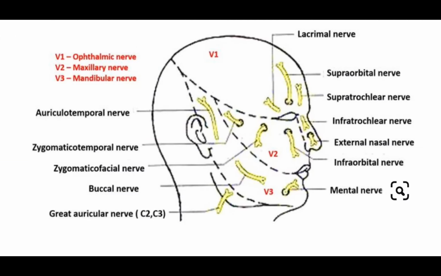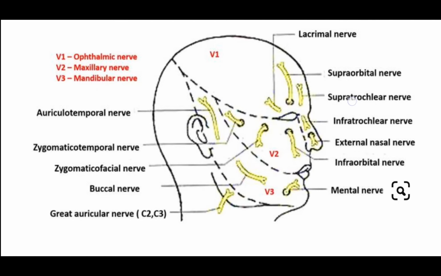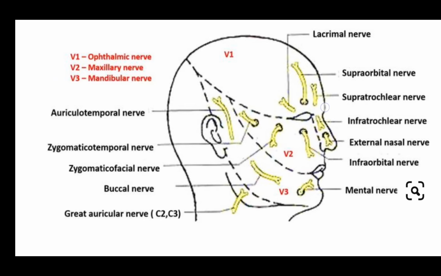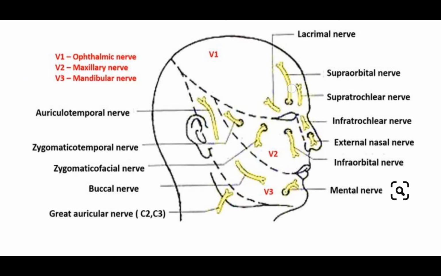See, in this diagram, supratrochlear and supraorbital were coming from the frontal branch. So which areas are they supplying? Supratrochlear is lying medially, so it will be supplying the medial superior eyelid and anteromedial forehead. Then supraorbital.